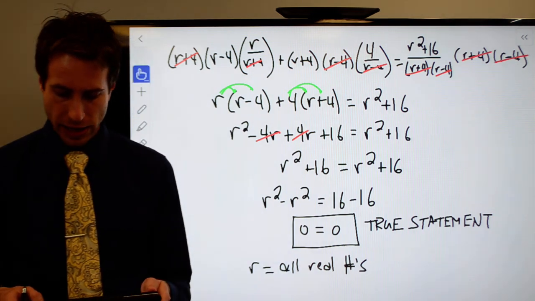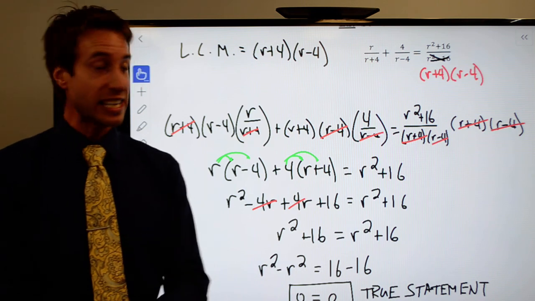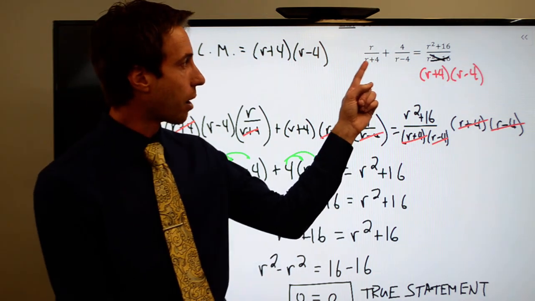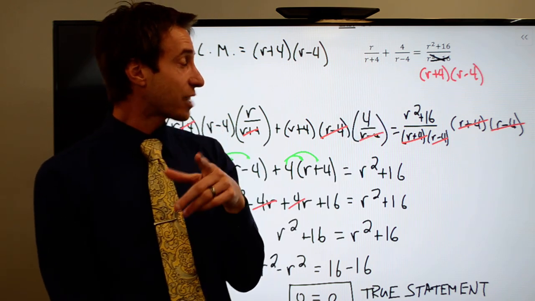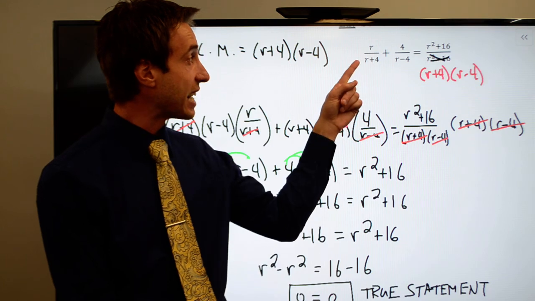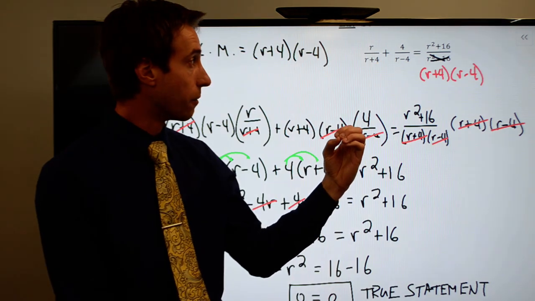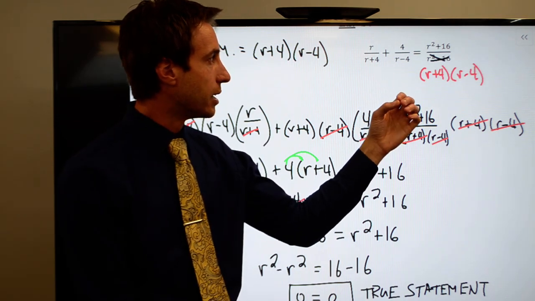However, hang on a second. Take a look at that original problem again, and please notice that actually there is something you've got to be careful of. I have r plus 4 and r minus 4, and if I were to plug in a negative 4 here, negative 4 plus 4 would be 0, and if I were to plug in a positive 4 here, 4 minus 4 would be 0.